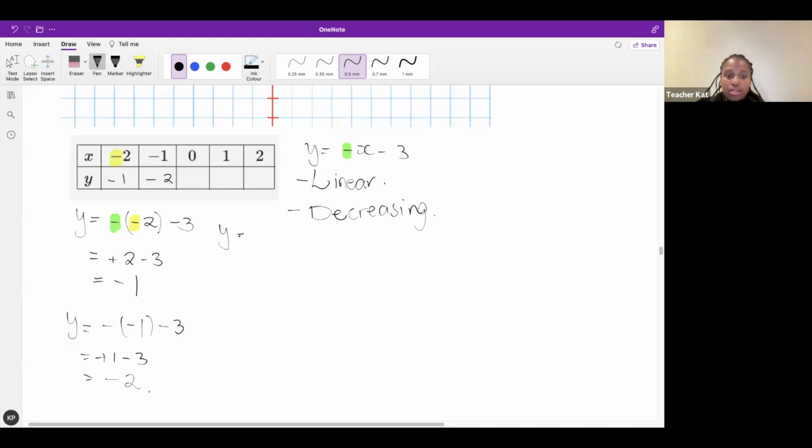Next one, y is equal to 0, negative 0 minus 3. Can 0 be positive or negative? 0 is actually neither positive nor negative. It's just 0, okay? So this is actually just like saying 0 minus 3, which will give me negative 3.